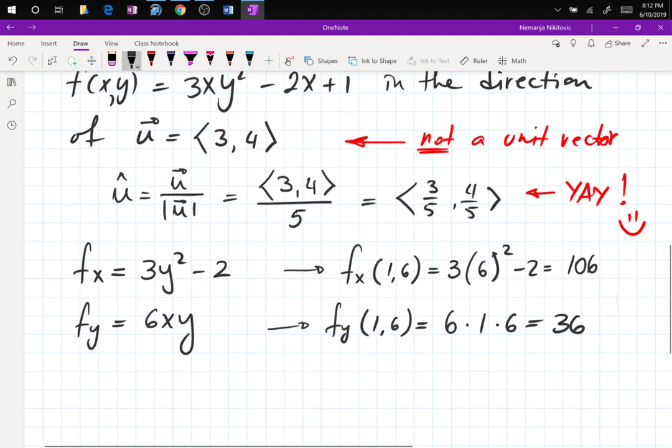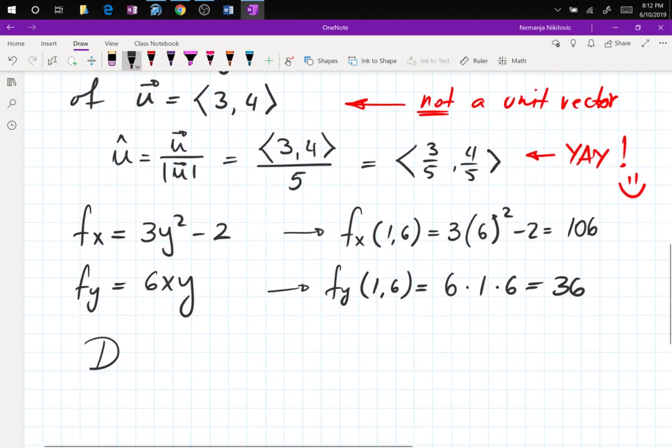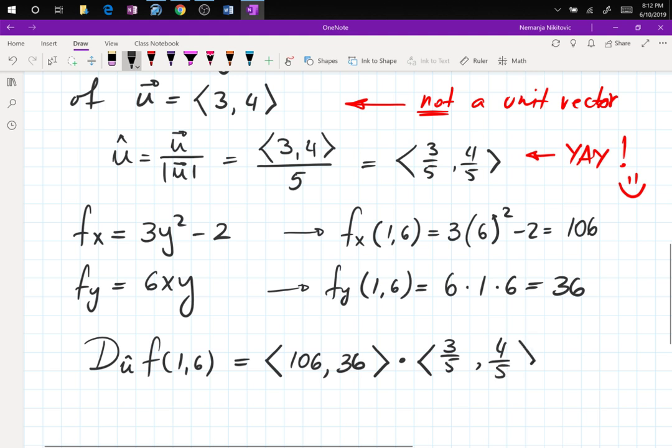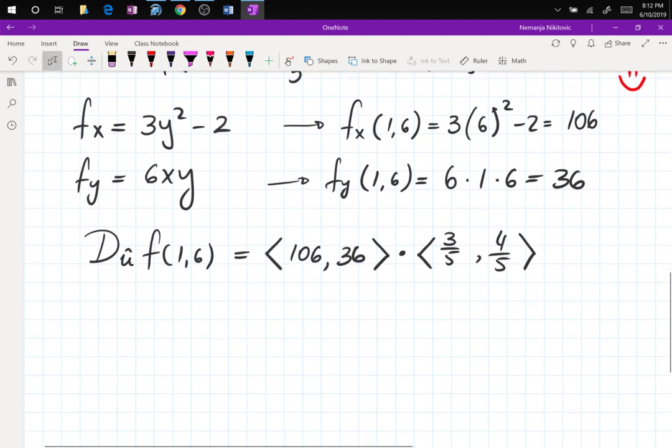Great. So now the directional derivative in the u direction for f at (1, 6) is going to be the dot product between vector (106, 36) dotted with the vector (3/5, 4/5).